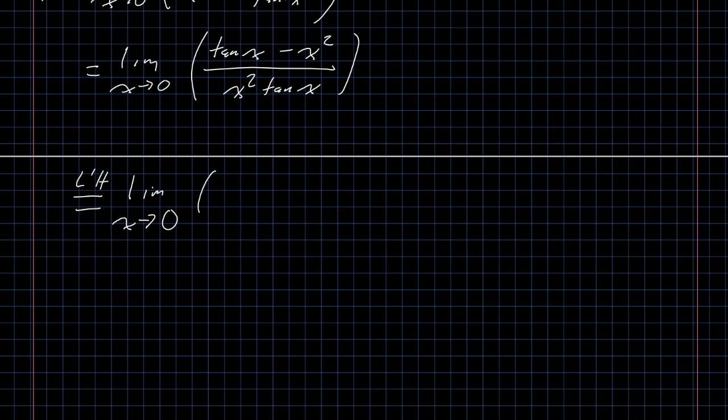The derivative of tangent is secant squared. The derivative of x squared is 2x. In the denominator, we are going to have to use the product rule. Derivative of first times the second is going to be 2x tangent x. And first times derivative of the second is going to be x squared secant squared x.